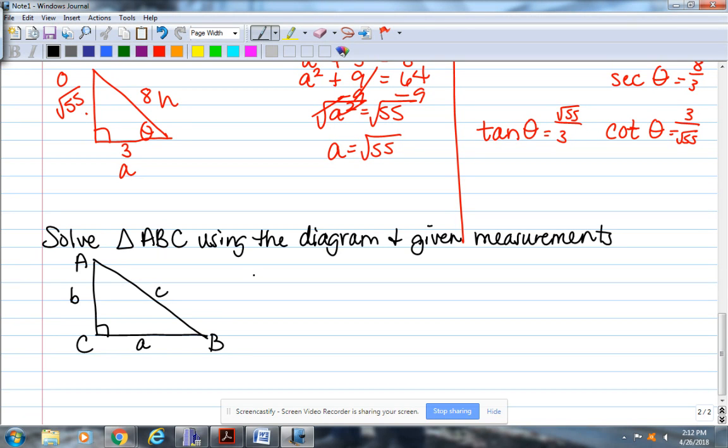And they tell me that the measure of angle A is 54 degrees and that little c equals 20. We've got to find the measure of angle B, because we already know angle C is 90 degrees, right? And we've got to find all the other sides.